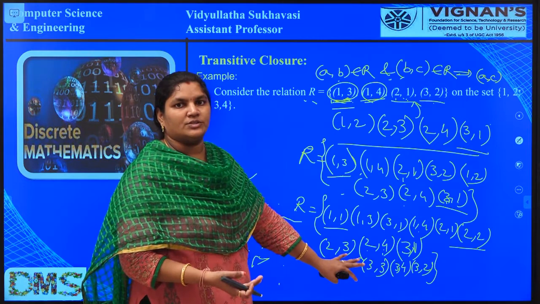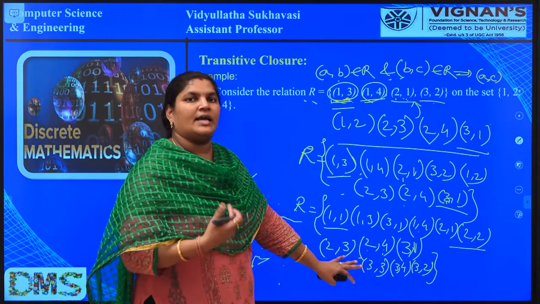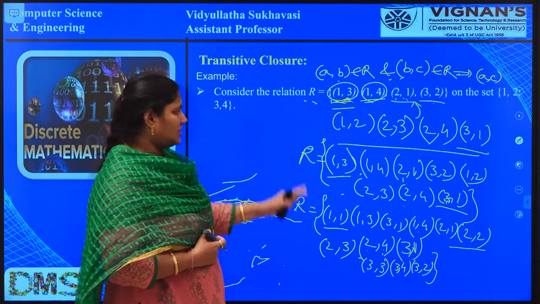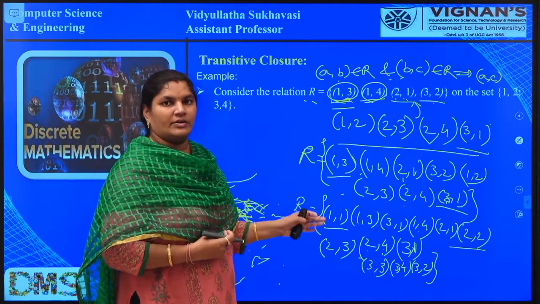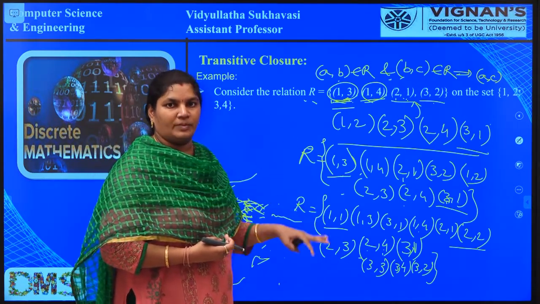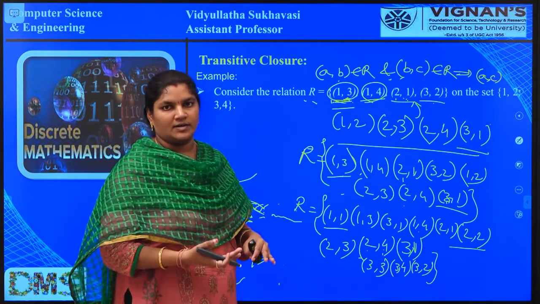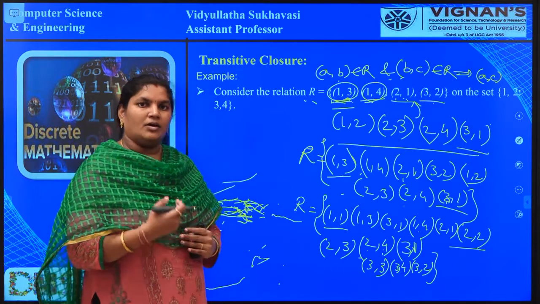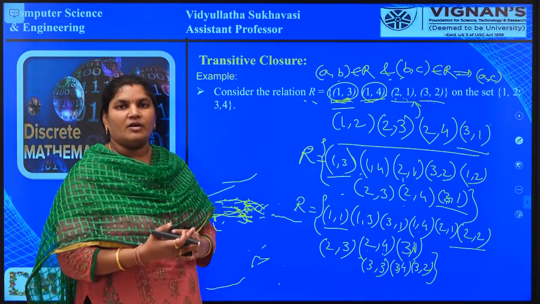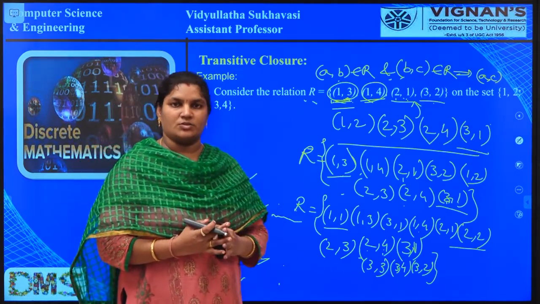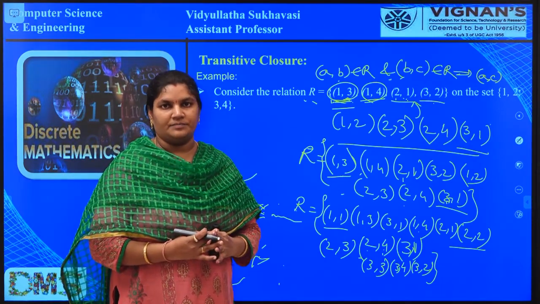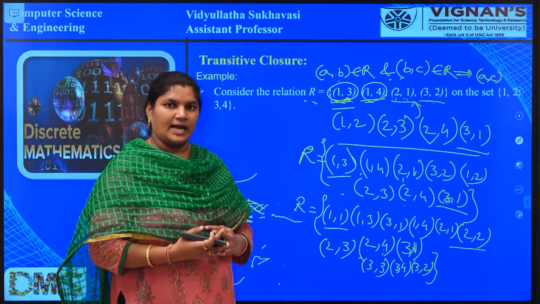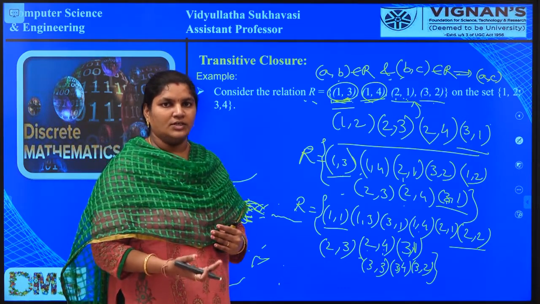So again we need to check for the transitive property and add the pairs which are not in the relation R. So this is a complex procedure when you add the pairs which are not in the relation R. For this we have many methods to apply. One method which we can apply for transitive closure is the Warshall algorithm. As of now we don't have that concept, so we will move to the next concept.